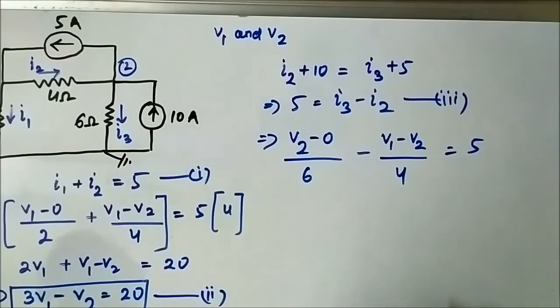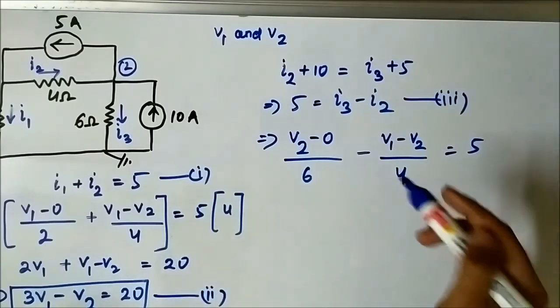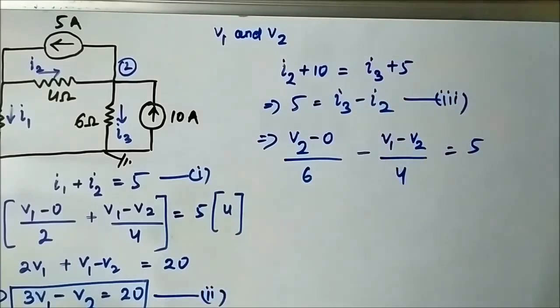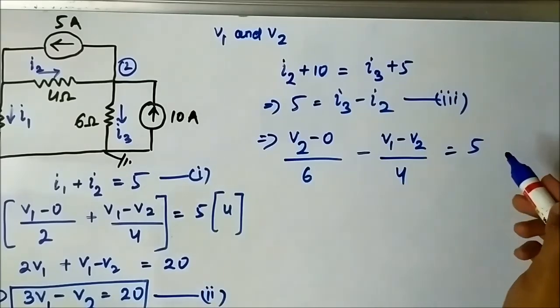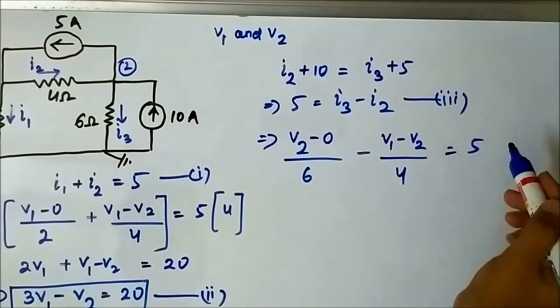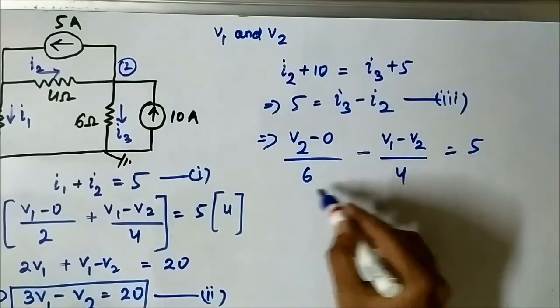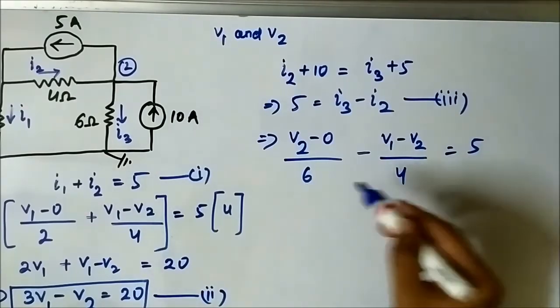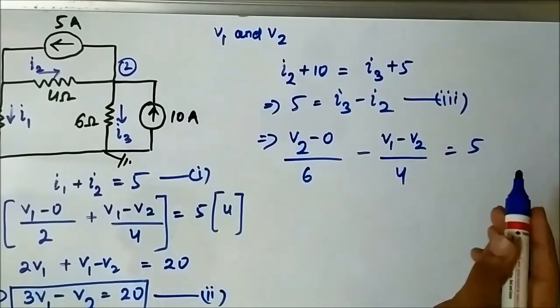Now, if we multiply a common thing so that this denominator gets cancelled out, let's say 60. Okay, if we multiply by 60, then we can cancel both the denominators and turn it into a simple equation.